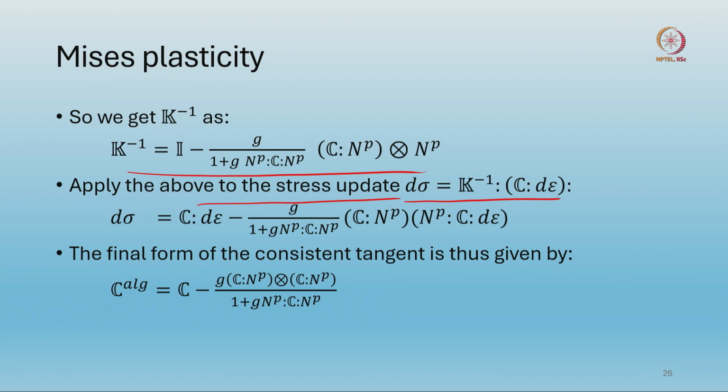So put it in long form using the rank 1 update based expression for K inverse, and what we get essentially is this, d sigma. So the whole thing is a function of sigma only. Factor out d sigma to get this algorithmic tangent, the material tangent information, which is basically this.